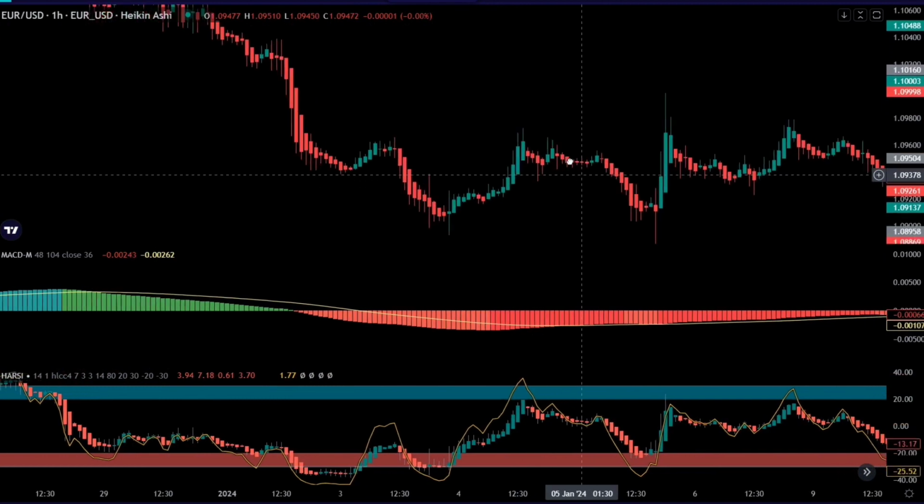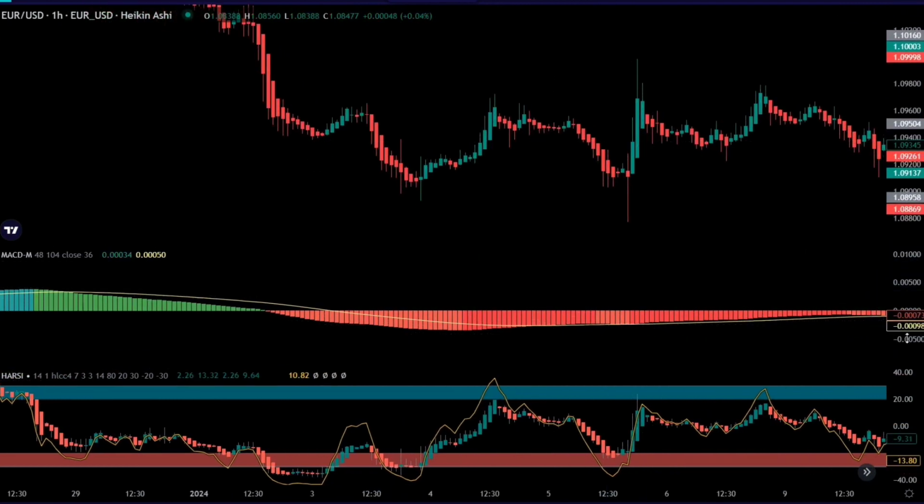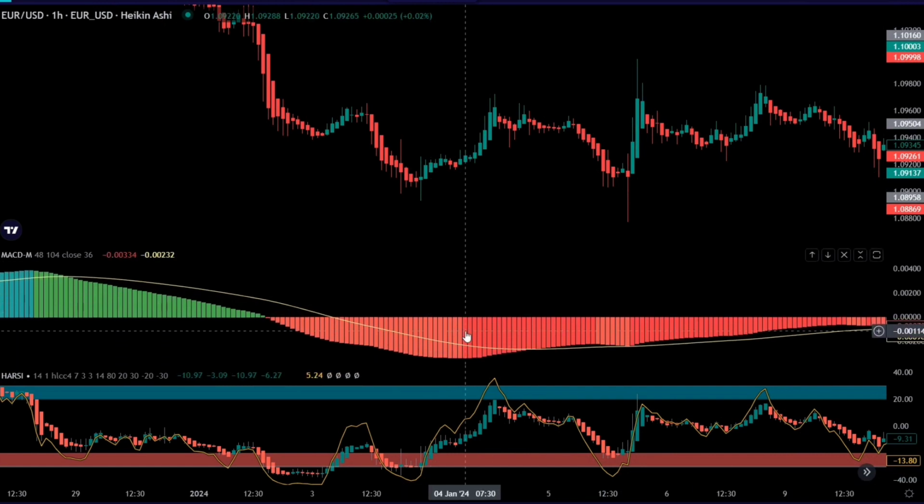And here, the histogram of this MACD is red, and you just need to find a short signal.